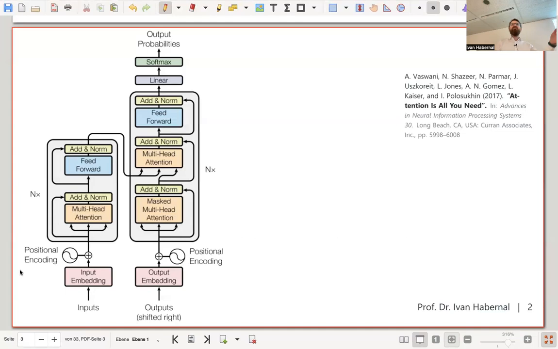For each position we have its own embedding. Position 1 has an embedding, position 2 has an embedding, because the attention block is, what was the fancy term? Permutation invariant. If you shuffle the words, you get more or less the same result if you don't encode the position of the tokens. So we have the positional encoding and the input embedding and sum them up together. Okay, good. That's what we did yesterday in the exercise.